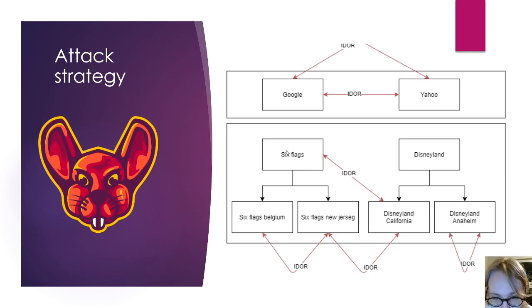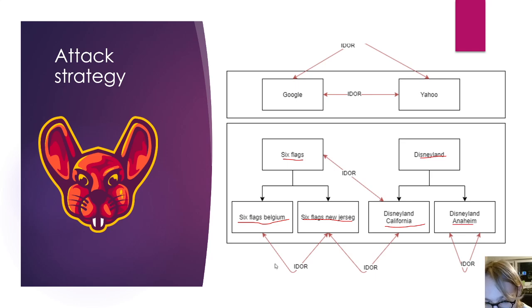For example, theme parks, we have Six Flags here, and then we have Six Flags Belgium and Six Flags New Jersey, which is spelled wrong. And then you also have Disneyland and Disneyland California and Disneyland Anaheim. So these are different companies, and as you can see, there are many different testings of IDORs going on between those.